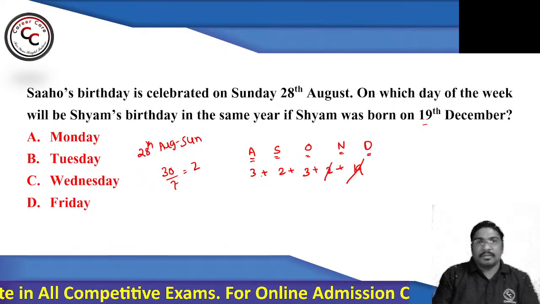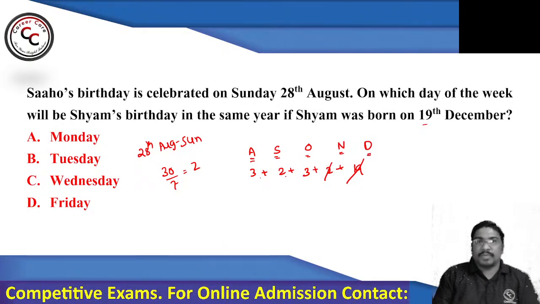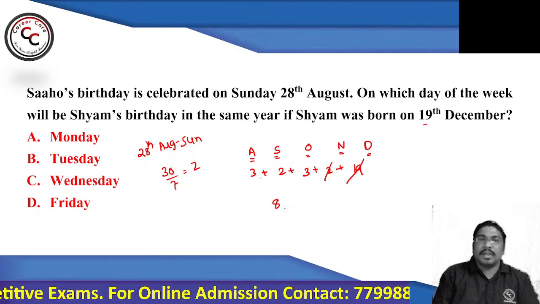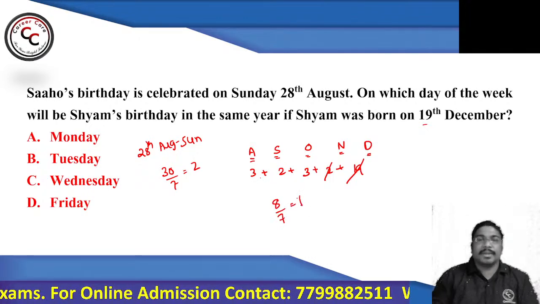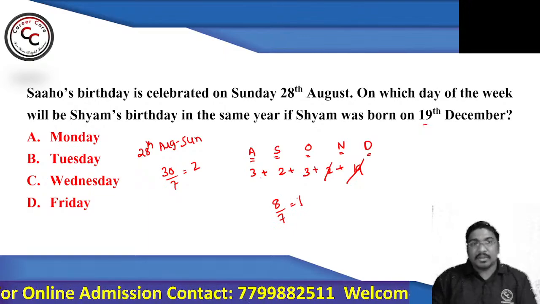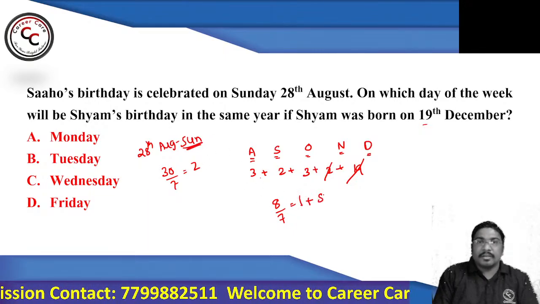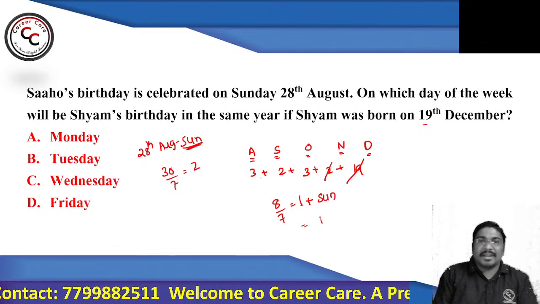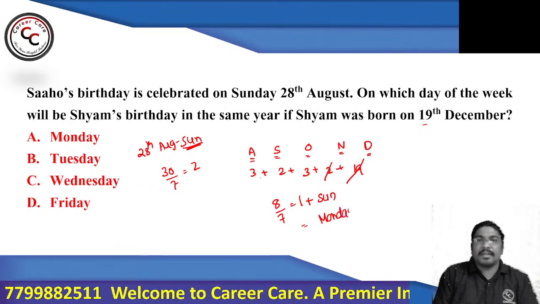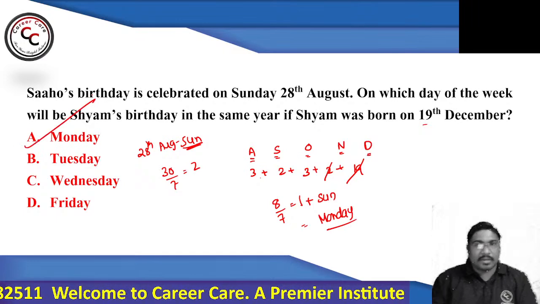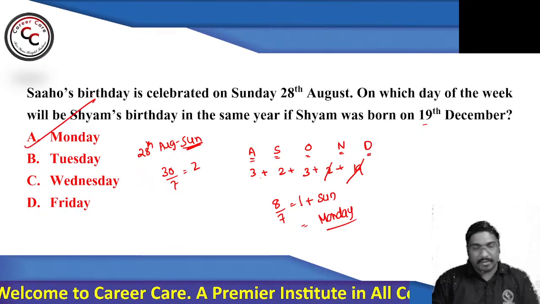So 3 plus 2, 5, 5 plus 3, 8. 8 divided by 7, the remainder is 1. That means you are supposed to add one day to the given day, which is Sunday. So if you add one day to Sunday, it becomes Monday. So the answer for this particular question will be Monday.